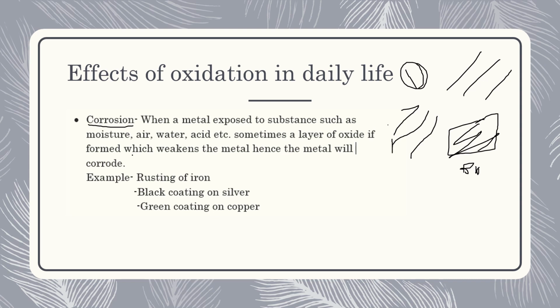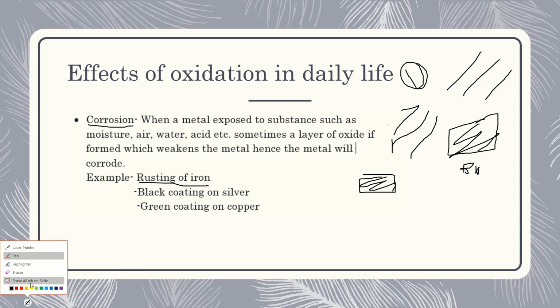The general example we know is the rusting of iron, and I have also given two more examples here, which are the black coating on silver and the green coating on copper. If we don't want our iron, silver or anything to get rusted when we put it out, we can simply paint it or grease it.